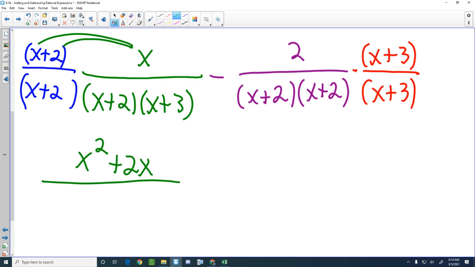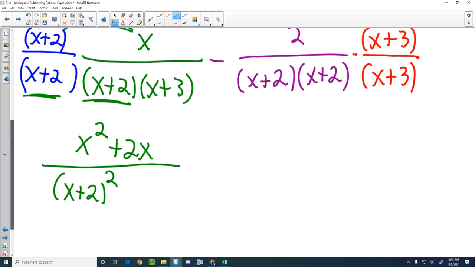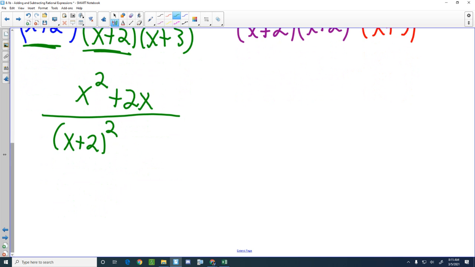Is there a way I can write this a little bit nicer? Yeah, if I have an x plus 2 and another x plus 2, that's the same thing as x plus 2 squared. It just saves us a little bit of writing that way. Anything times itself, you would just square. Here, so everyone can see that, x plus 2 squared. And then you have another x plus 3.